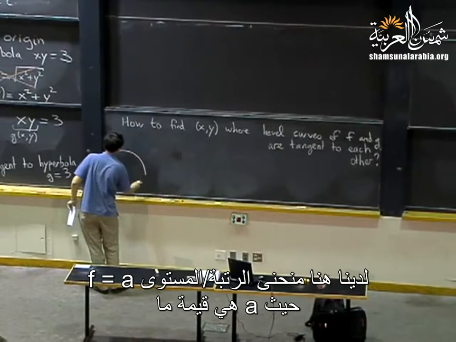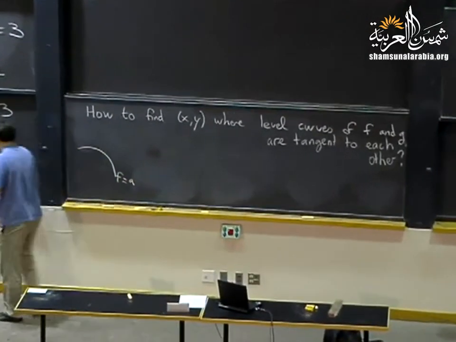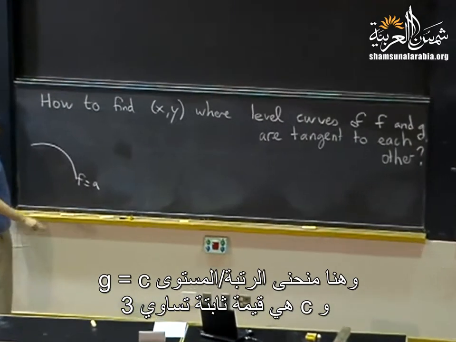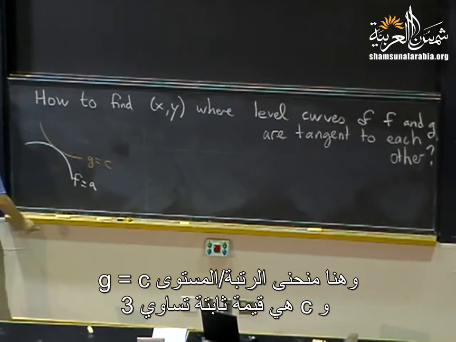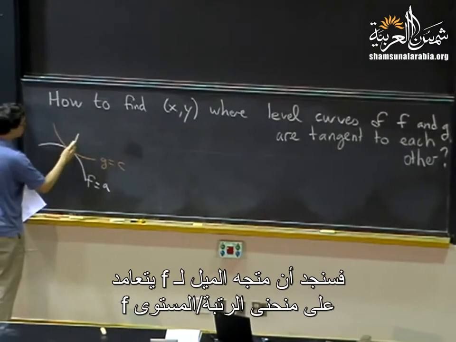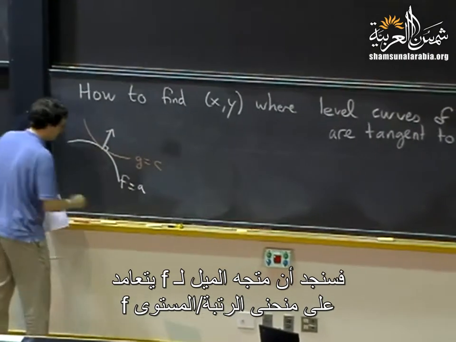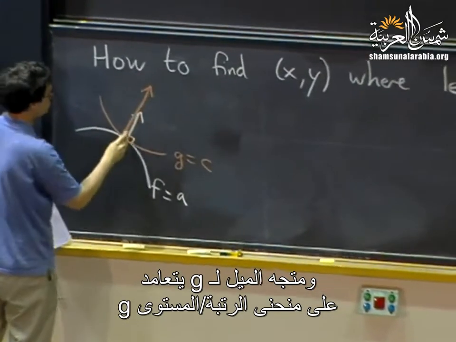So this is the level curve, maybe f equals something. And this is the level curve g equals constant. Here my constant is 3. Well, if I look at the gradient vectors, so the gradient of f will be perpendicular to the level curve of f. The gradient of g will be perpendicular to the level curve of g.